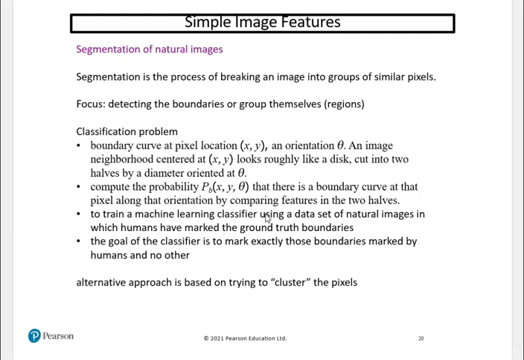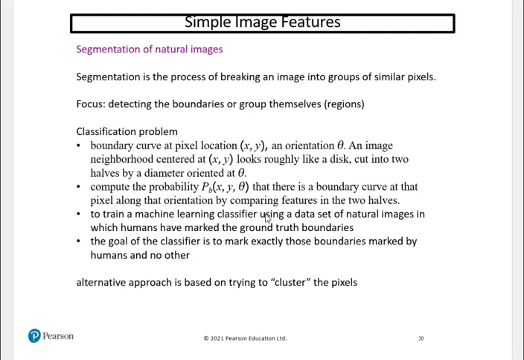We have a boundary curve at pixel location x and y, an orientation theta, and an image neighborhood centered at x and y that looks roughly like a disk cut into two halves by a diameter oriented at theta. What we want to do is calculate the probability that there's a boundary curve at that pixel along that orientation by comparing features in the two halves.